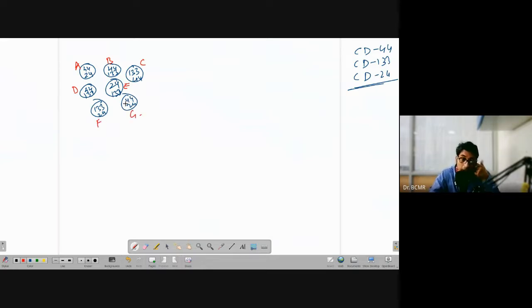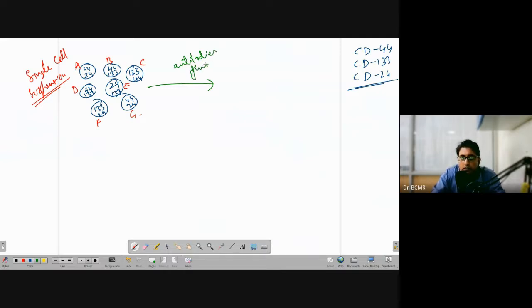Now, the first thing I can do is separate. I want to run FACS. These are already made into single cell suspension, and now I'm going to go for the next step, that is labeling. Labeling with antibodies, antibodies conjugated to fluorophores or fluorescent dyes.